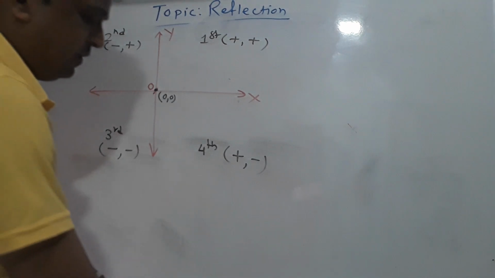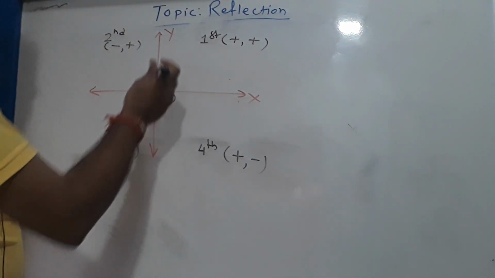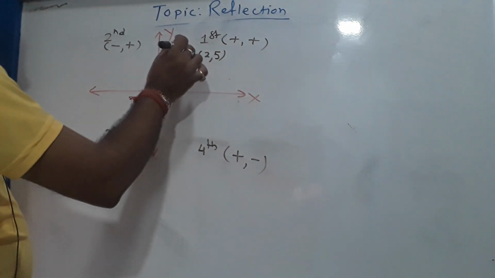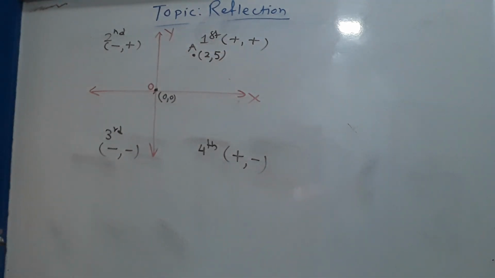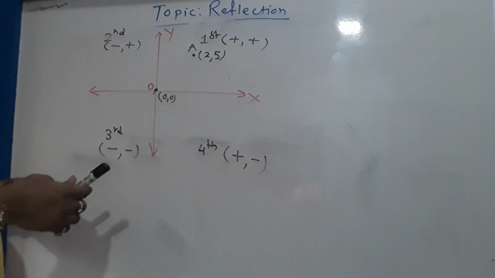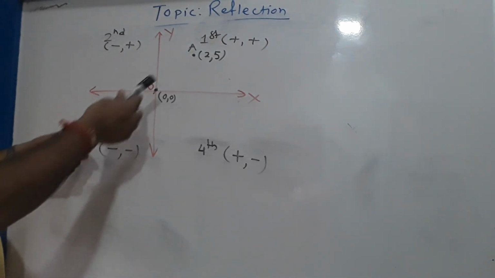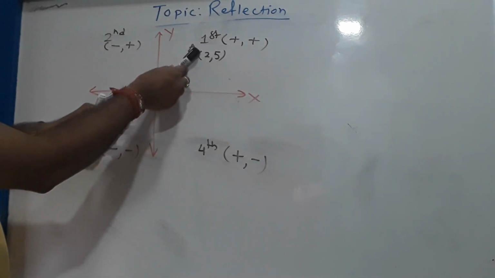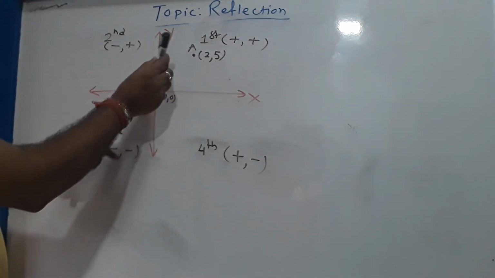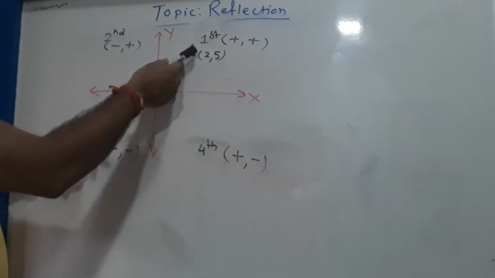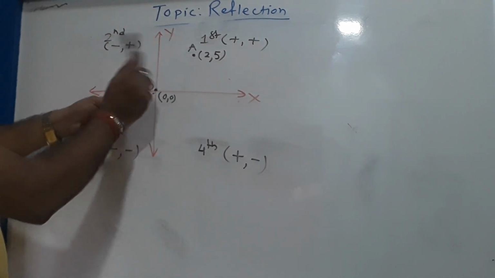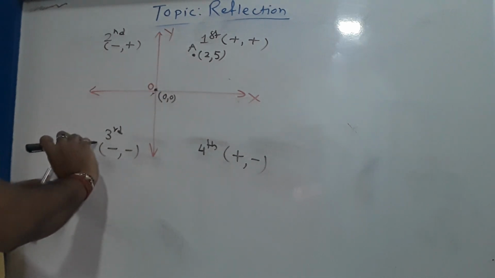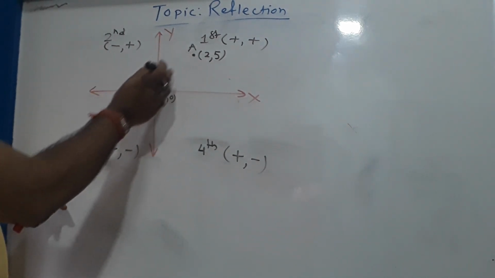Now let us take the reflection of a point. Let us take the point A (2, 5). Where is this point? In the first quadrant. So when you take the reflection of this point about the origin, the first quadrant point will go to the third quadrant. So you have to reflect diagonally.